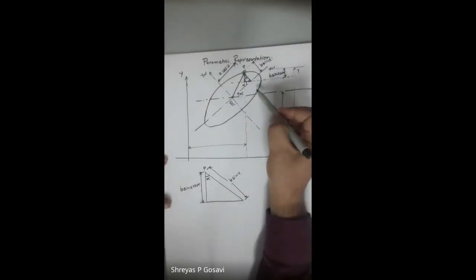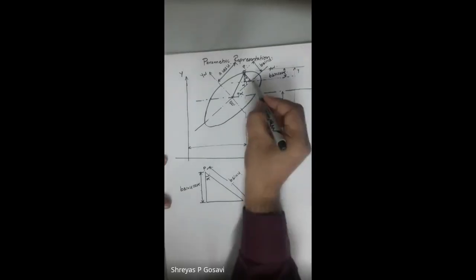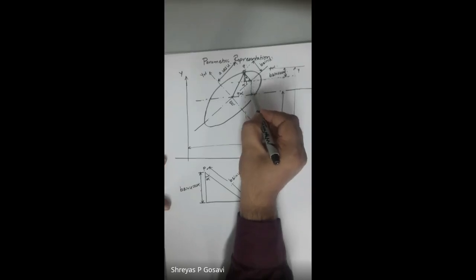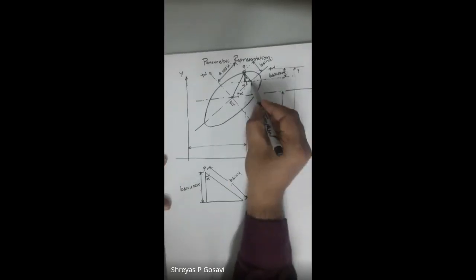This is equal to yc. Okay. Now we have to find out this distance. Now again consider one more triangle. Okay, I'll drop a line perpendicular from this point on the x-axis. So I'll get one more triangle.